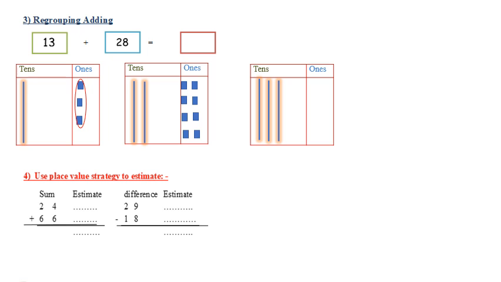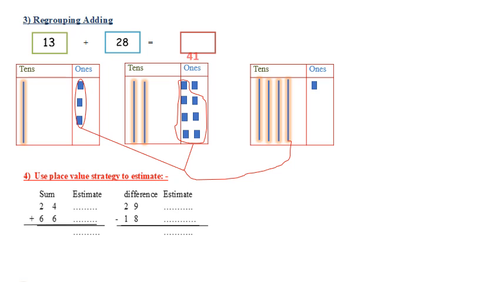Okay, let's count 1, 2, 3, 4, 5, 6, 7, 8, 9, 10, and turn it into tens as a 1 10. Okay, turn it to 1 in tens. Now how many ones? 1. Okay, now I have 1 in ones and 4 in tens, so the answer will be 41.